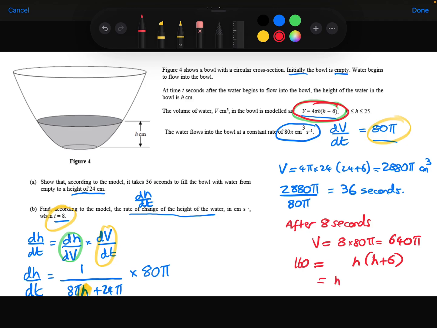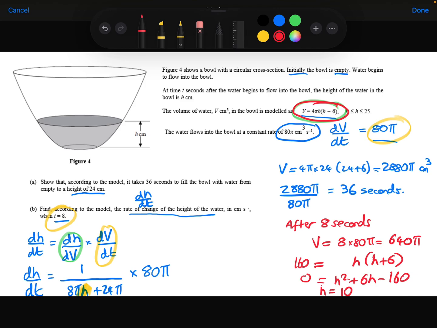Expand these brackets and make the equation equal to 0. Solving this equation, I get h is 10 or minus 16 as my solutions. Obviously, I'm ignoring the minus 16 because it doesn't make any sense in this context.